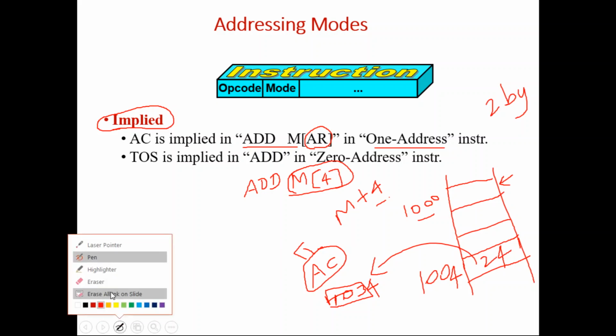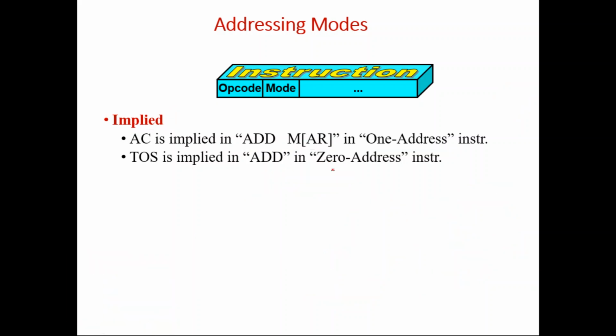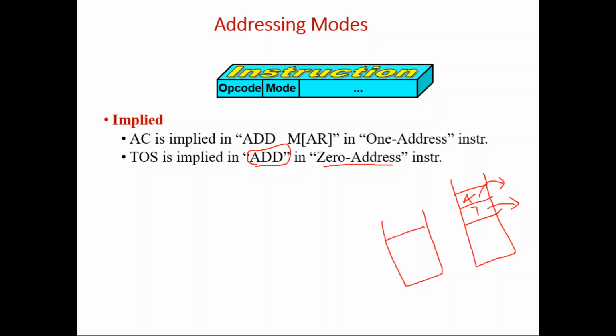Similarly, there is another example. In the previous class we have discussed an example for zero address instruction, add. So when you give just add, what will happen? The content of TOS and TOS minus 1 will be popped out. If this is the top of stack and this is TOS minus 1, if this is 4 and this is 7, then these two items will be popped out and added. 7 plus 4 will be 11, and that will be pushed again as the new top of stack.